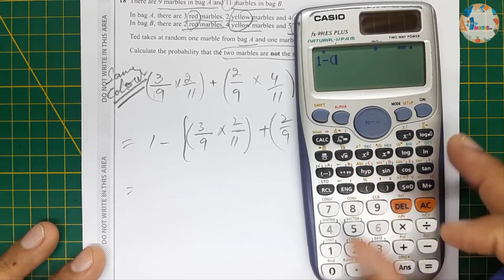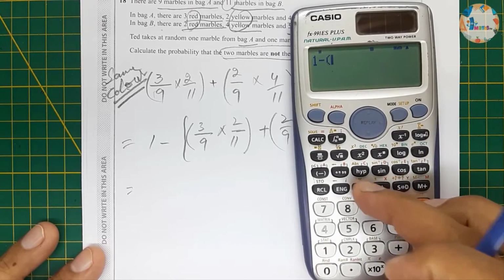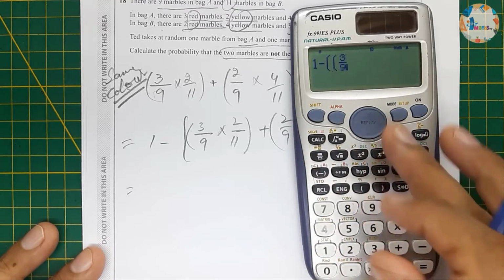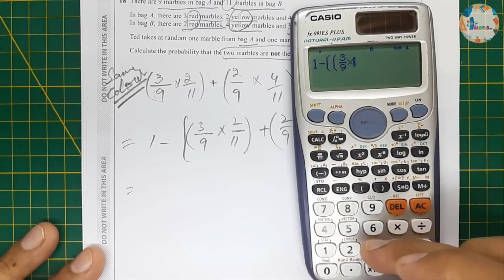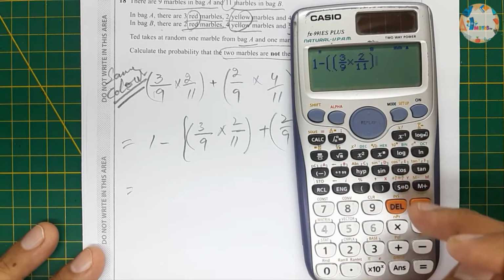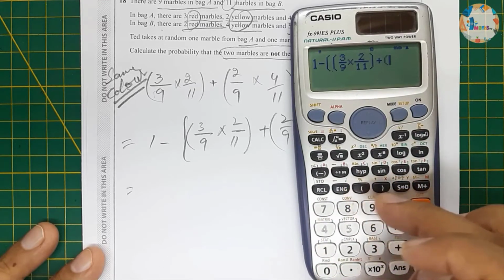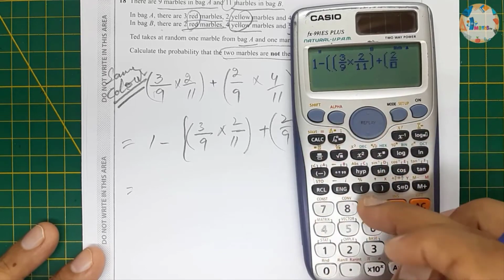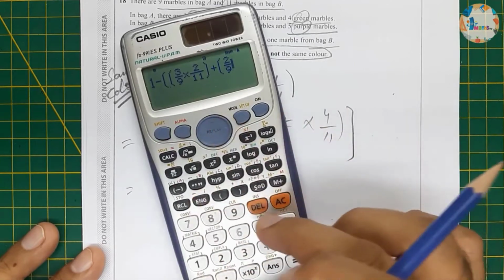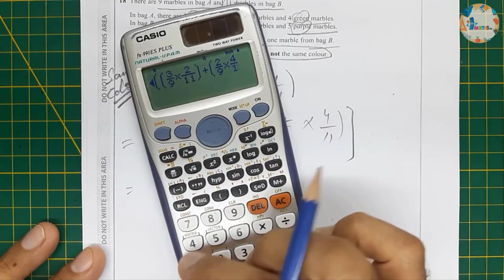Minus this one, we'll put a bracket and one more bracket, then a fraction. So 3 over 9 multiplied by 2 over 11. One bracket will be closed over here, then plus sign and a bracket, and 2 over 9 multiplied by 4 over 11.